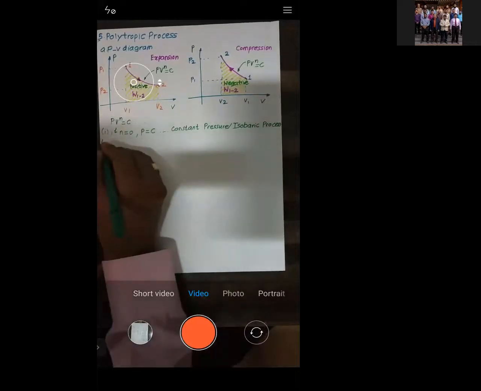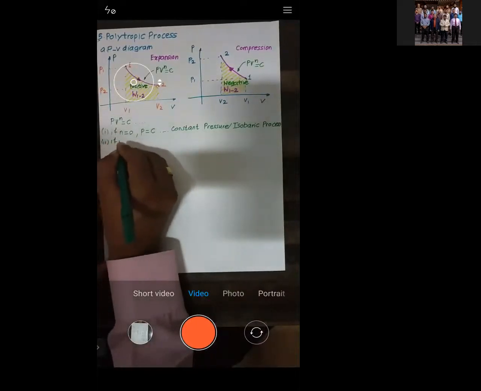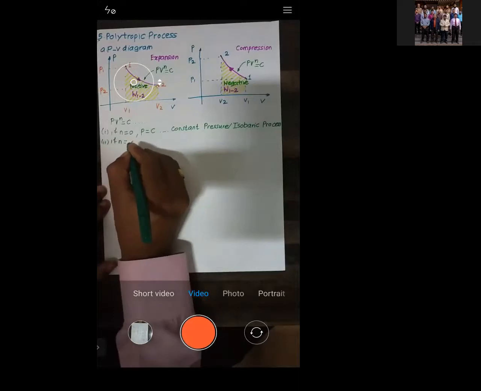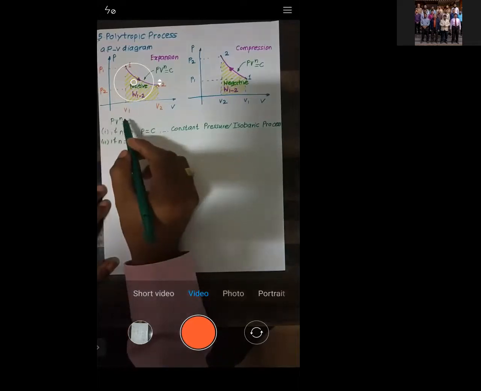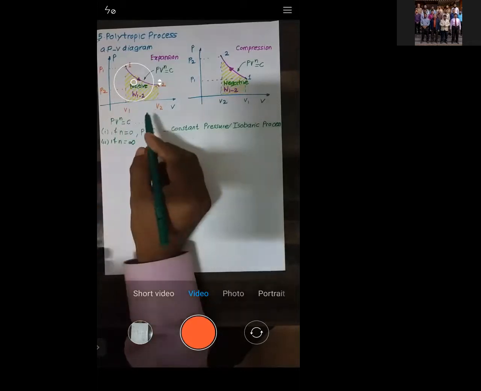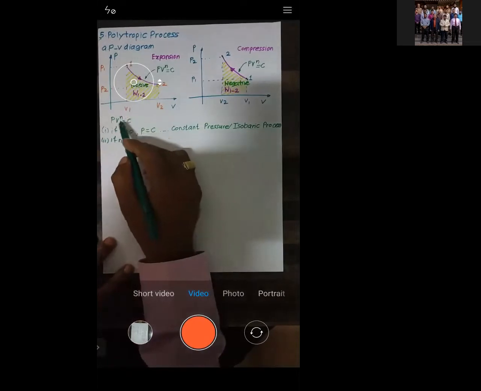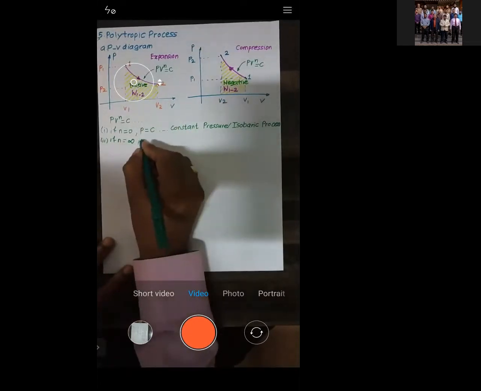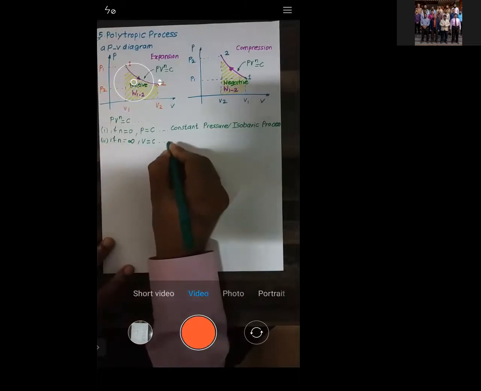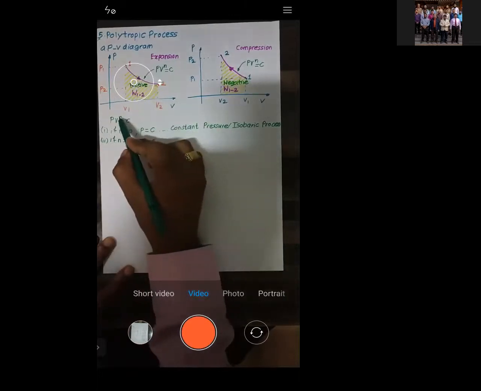Now let us put the second value. Let's put n equal to infinity. Then PV^infinity = constant. If anything is raised to power infinity, that particular term is constant. So in that case, volume is constant.